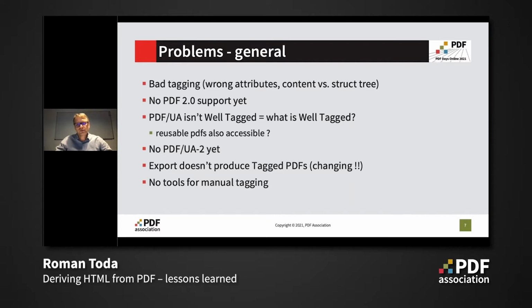They don't produce PDF 2.0, in which the most important improvements have been made in the area of tagging. An authoring tool might not even have the information needed for good tagging. That's surprising. Creators insert inappropriate attributes. They break the rules of the namespaces. But there are no validators to check well-tagged PDFs.